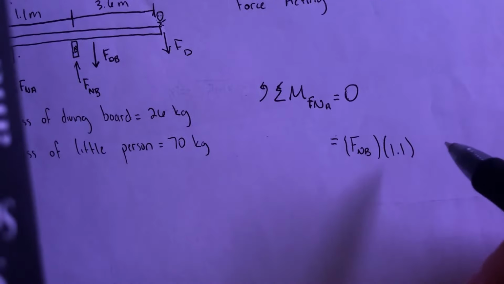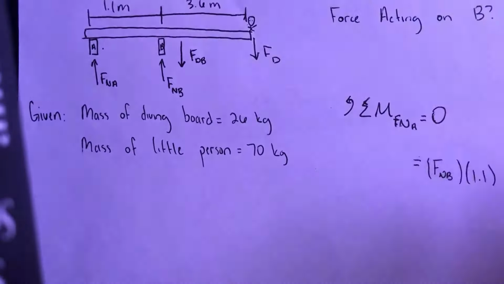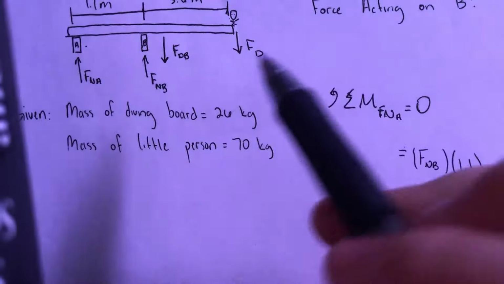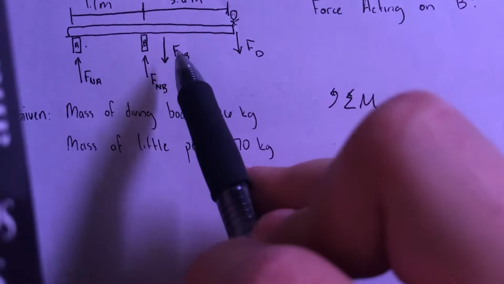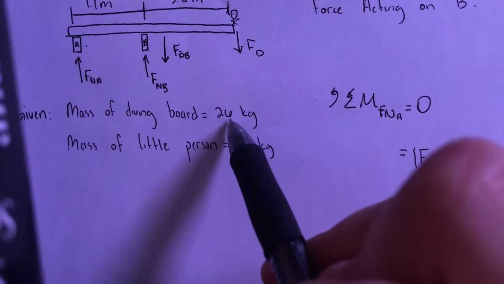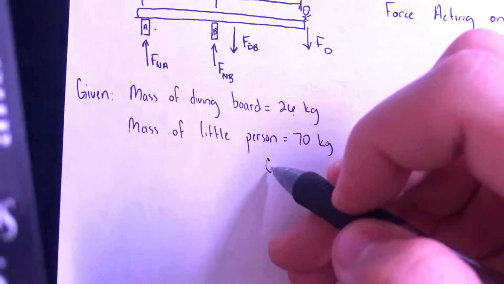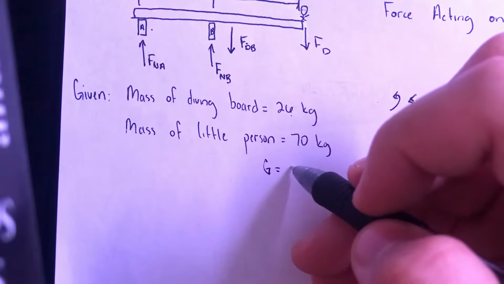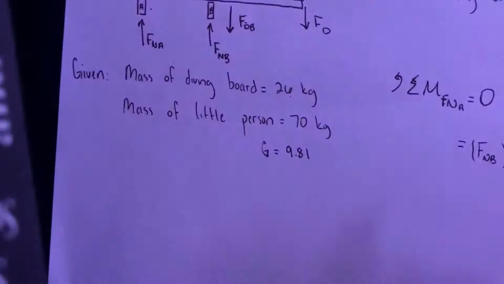And then if we did the rest of the problem, essentially doing the same thing, we will take the force of the diving board, which is just the weight times gravity, which is 9.81. Forgot to write that.